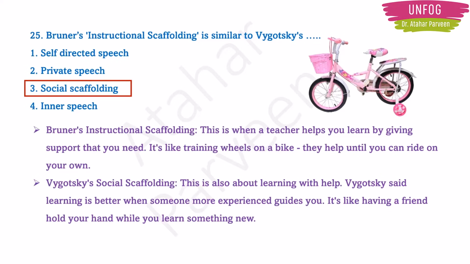So they are helping you until you can ride that bicycle on your own. Once the child learns cycling very nicely, then you can remove the training wheels. Then the bicycle can be run by the child on 2 wheels only.